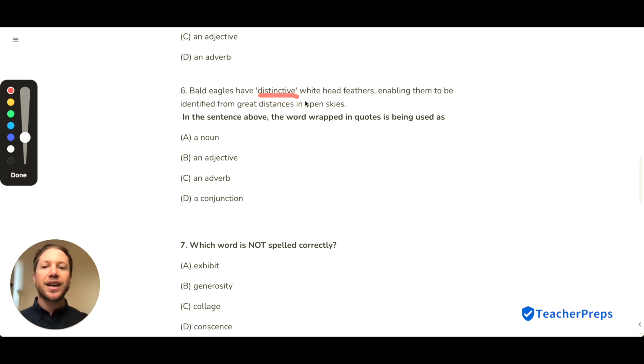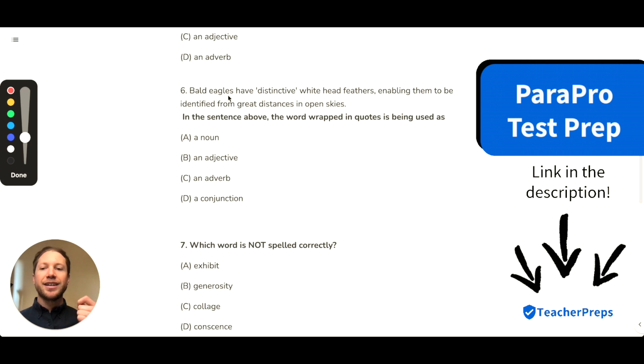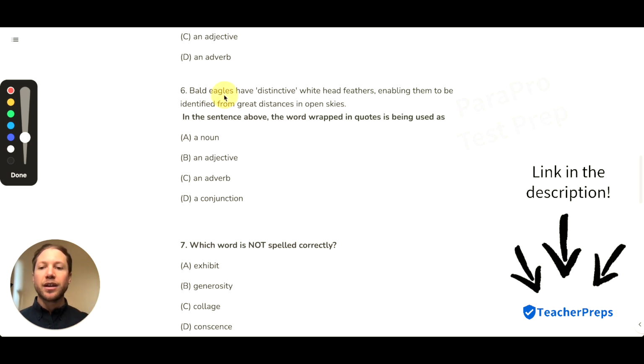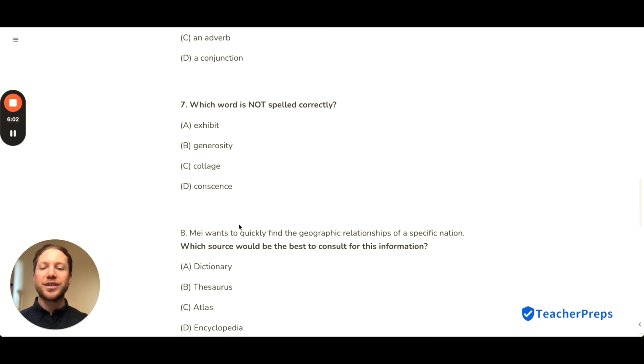Now, I do see that it comes right before white head feathers. So now this word distinctive is also describing the bald eagles, and a word that is used to describe a noun is the adjective, which is answer option B. So let's keep on moving, go down further.